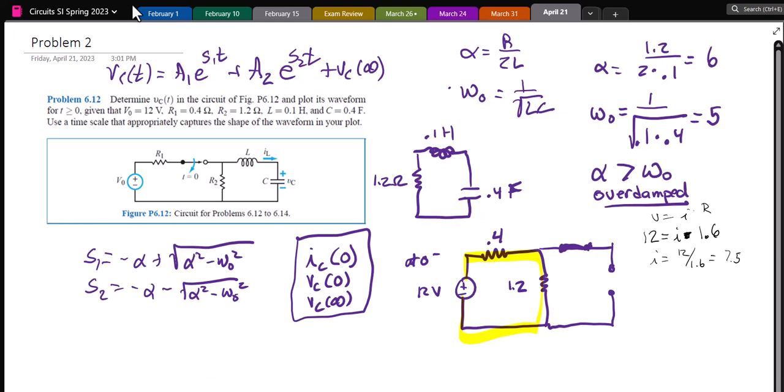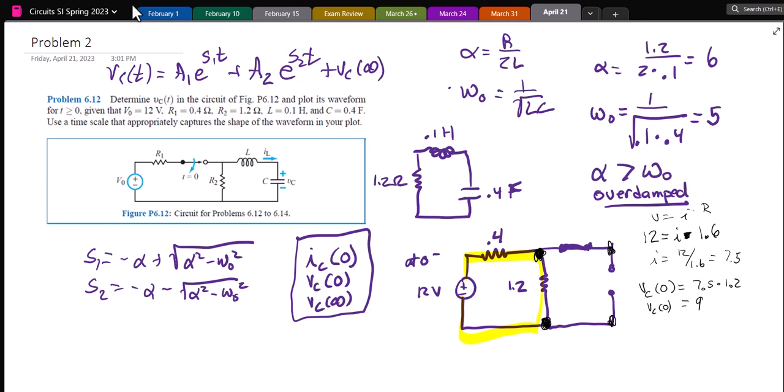Then the voltage across the 1.2 resistor equals the voltage across the capacitor. So VC at 0 equals 7.5 times 1.2, because the voltage across the resistor is IR, and so that's 9. So VC of 0 is 9.